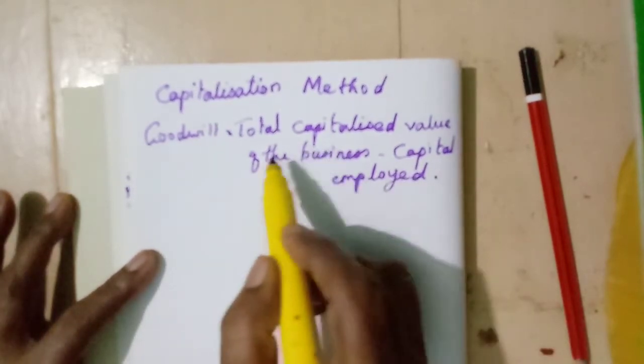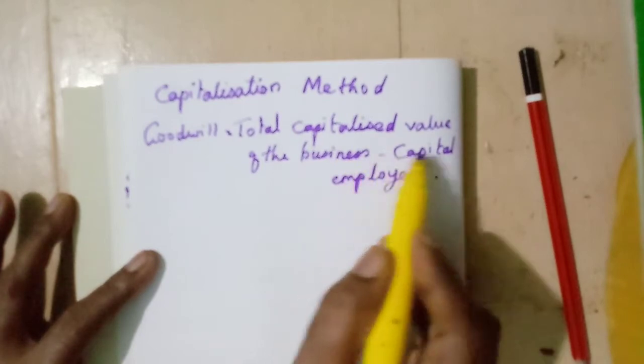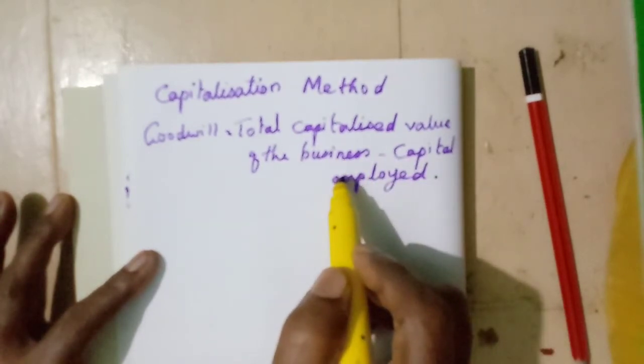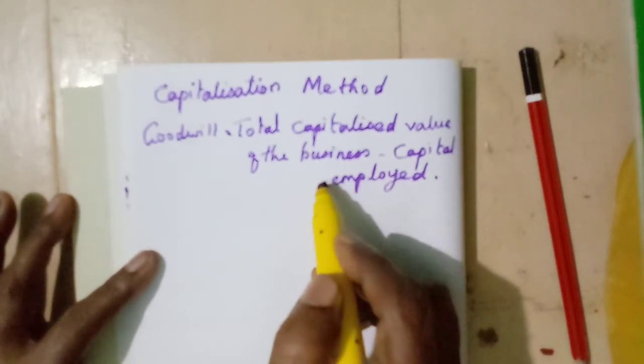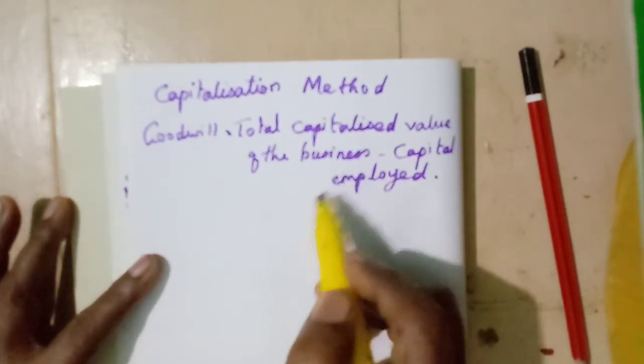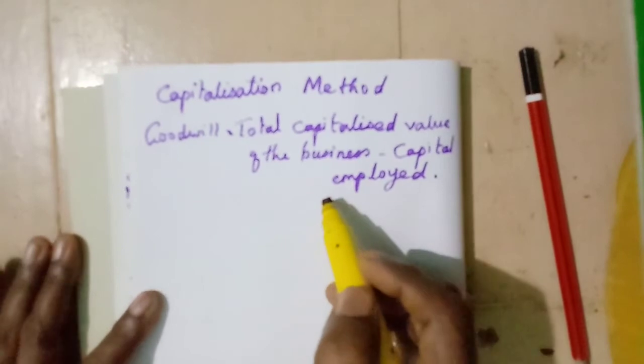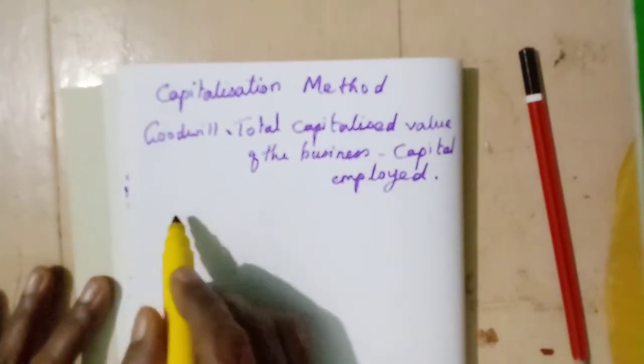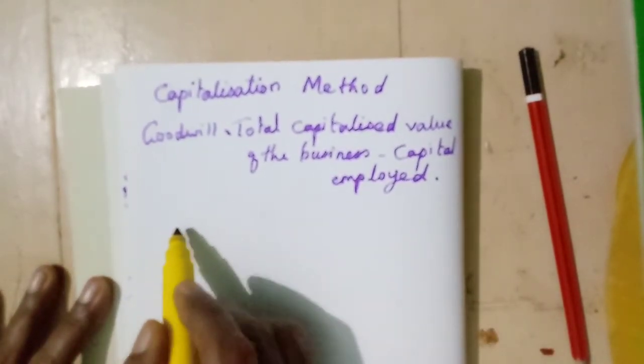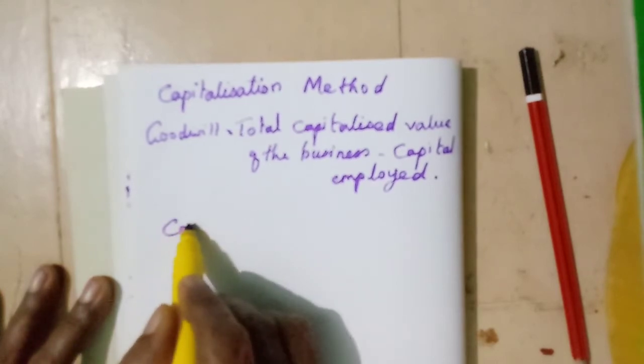Here, how do we calculate the total capitalized value of the business? We need to capitalize the average profit. There we capitalized the super profit, isn't it? Here we need to capitalize the average profit.